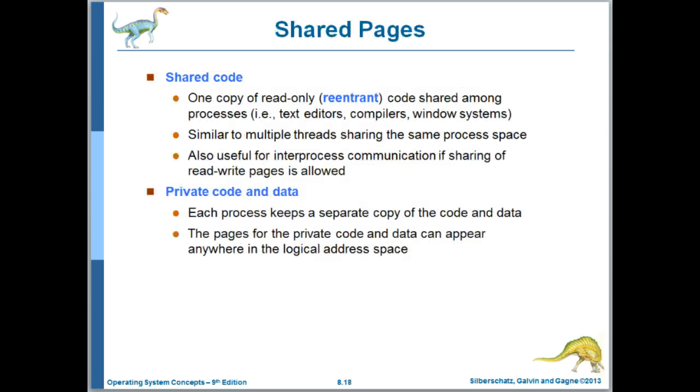This mechanism of paging allows processes to share pages. All we have to do is to map page table entries in the page tables of 2 or more processes to the same frames in memory. So this can result in savings because such things as code don't need to be writable.